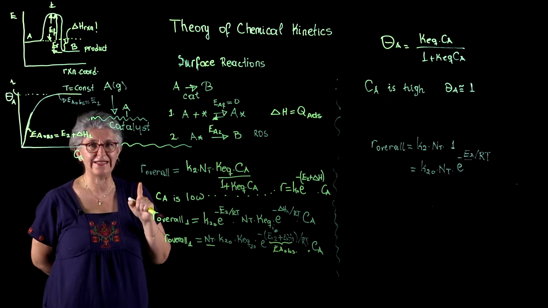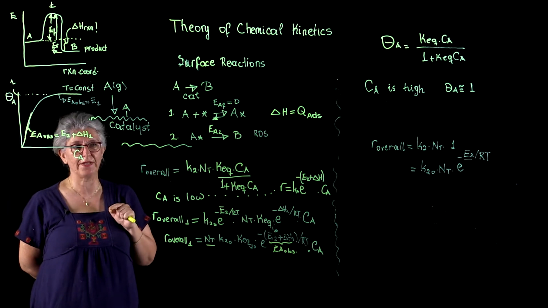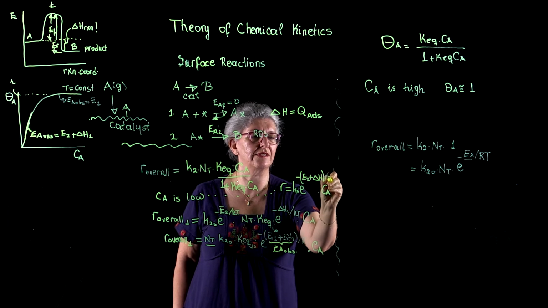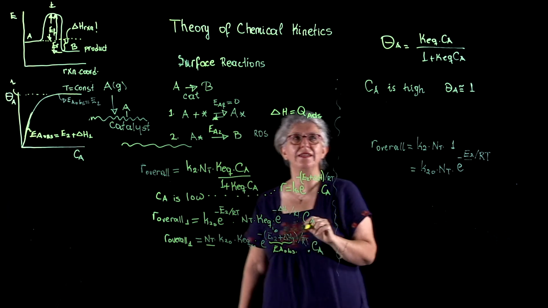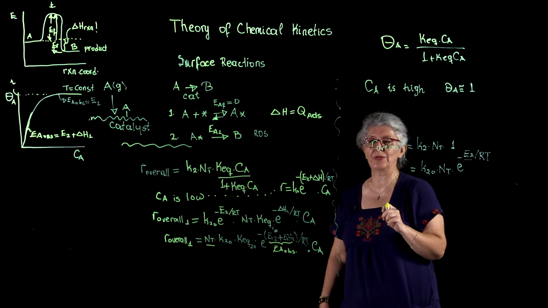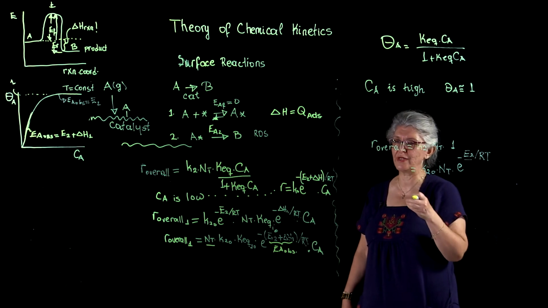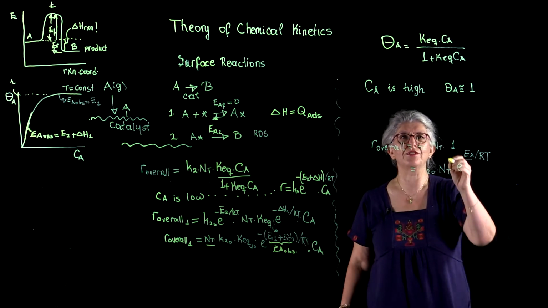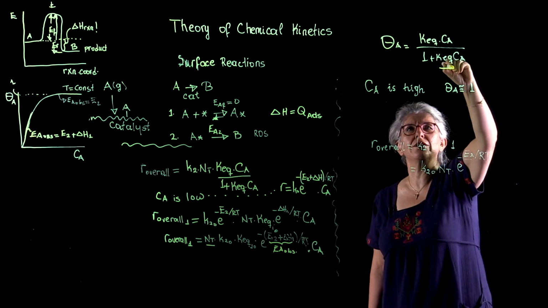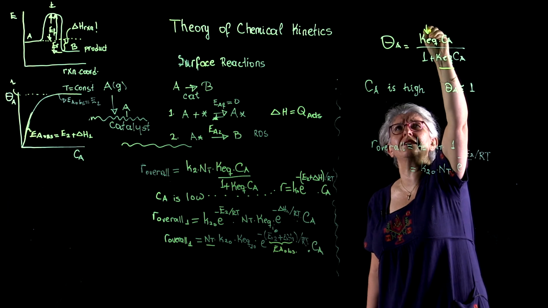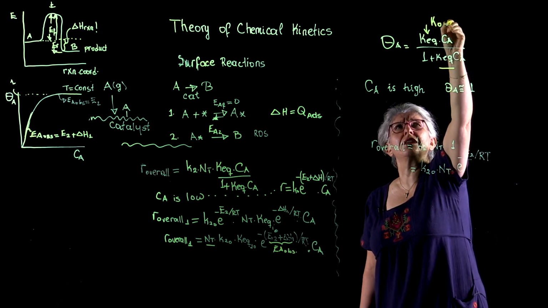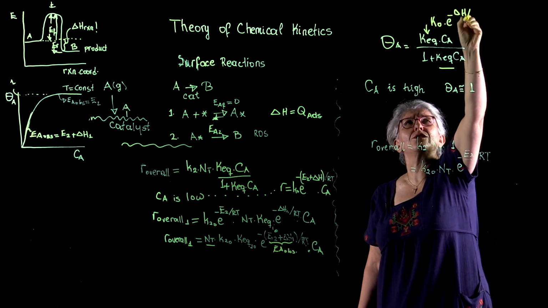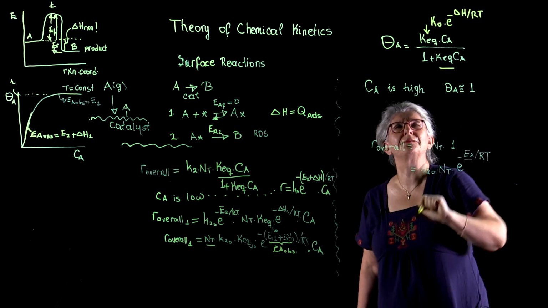Now let's see what is the reflection of temperature. Of course, we have over RT here. Now let's see what is the effect of temperature on the observed, measured activation energies. Here temperature enters into our picture through our equilibrium constant. This is K0 e to the minus delta H over RT.